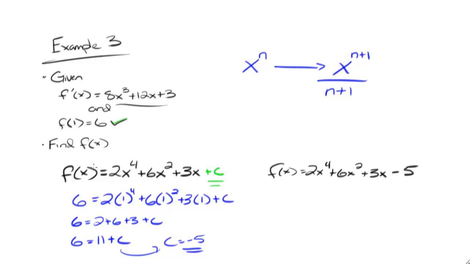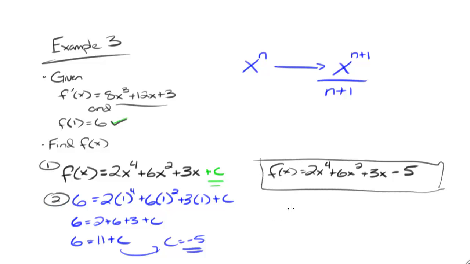And those are the two steps. Step 1, using the antiderivative information. Step 2, finding the original function, which is the antiderivative of the derivative: 2x to the fourth plus 6x squared plus 3x minus 5.